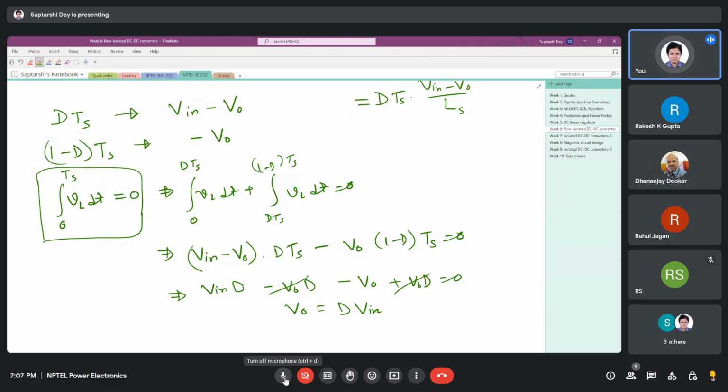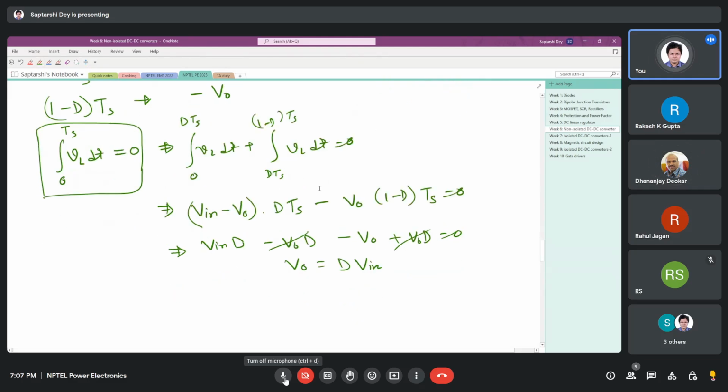It will no more be a factor of D only. It will be a factor of load current and frequency also. The condition depends on the inductor, but it depends on the load current and the frequency, I think. Inductor also comes in, yes.